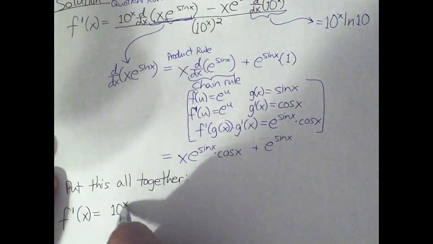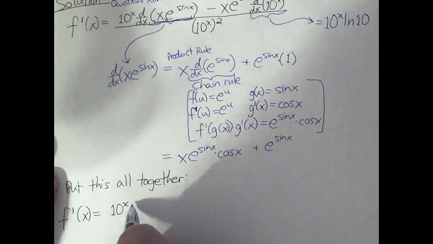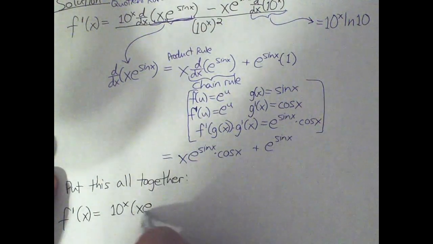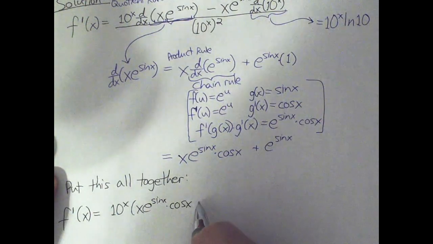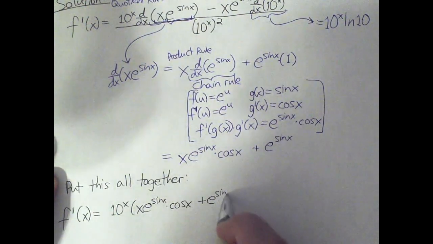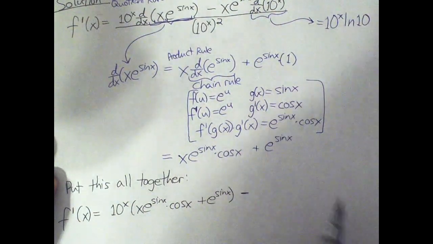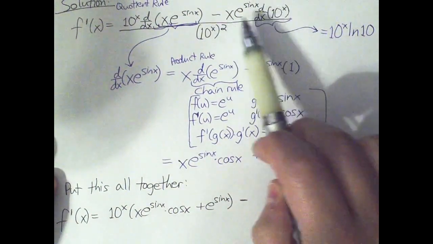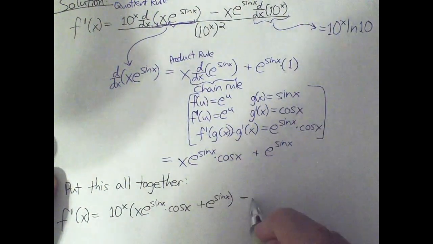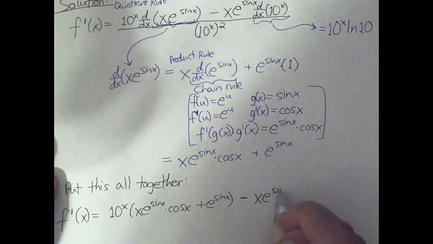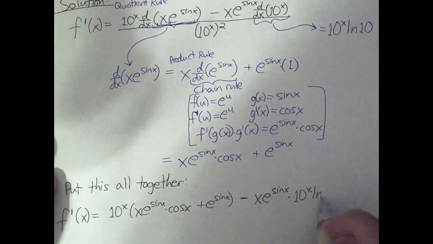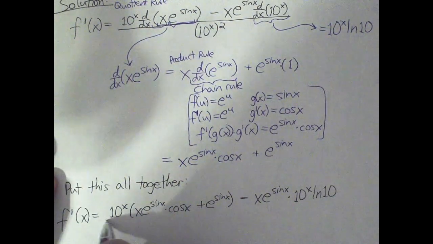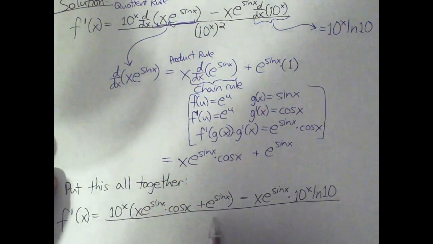So now 10 to the x times what we just found, x e to the sine x times cosine x plus e to the sine x, minus, what else was up here? Don't lose these pieces. x e to the sine x times 10 to the x ln 10. All of that was over 10 to the x squared.